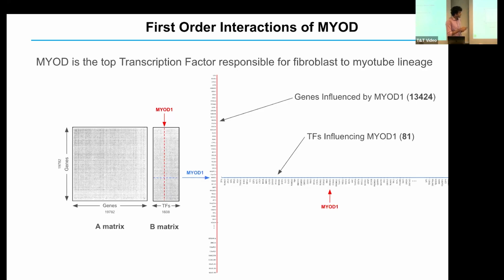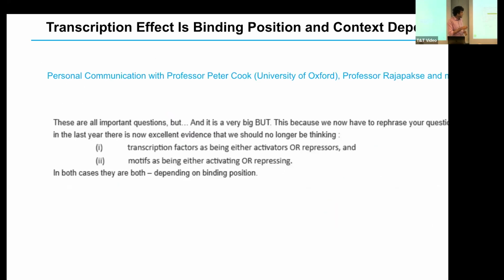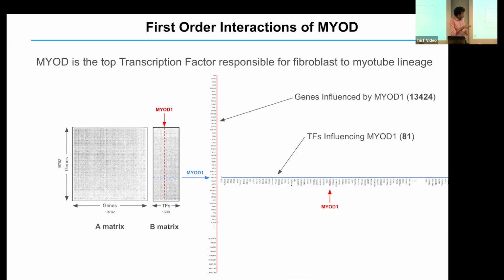In a certain interaction, it can act as an activator, and in another, as a repressor. So we need to determine this B matrix and extract a richer B matrix, where ideally we get all the transcription factors, all the genes, and exactly how they interact. We get multiple B matrices, one for each cell type. This is cell type specific, so we need to define this and understand how it works.